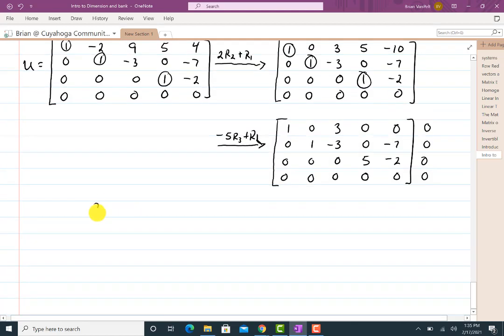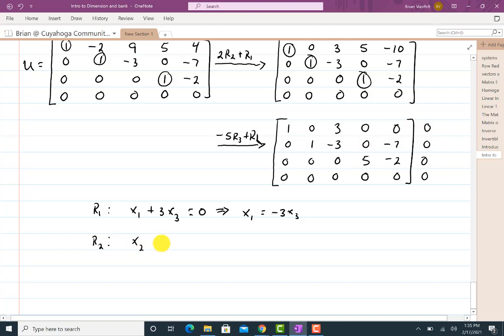So then row 1 tells me that x1 plus 3x3 equals 0, so that x1 equals -3x3. From row 2, what do we get?